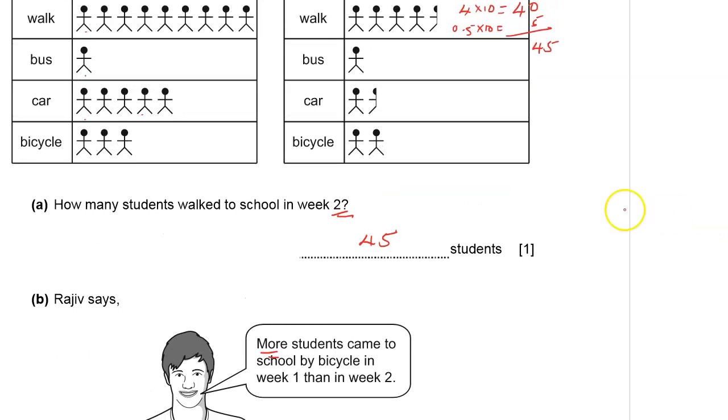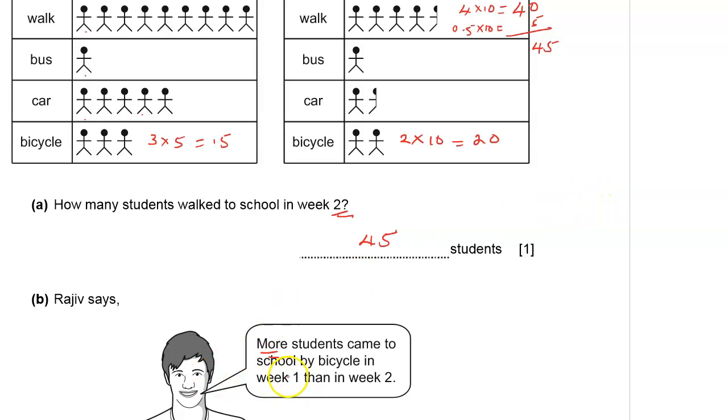In week 1, students who went by bicycle were 3 times 5. This gives us 15 students who cycled to school in week 1. And in week 2, we have 2 times 10 right there. So 20 students in week 2 cycled to school.